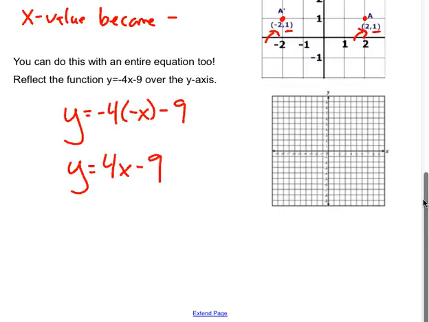And again, let's just really quickly see what that looks like graphically. So let's graph that. So we start down at -9 and then slope of -4. Down 4 over 1. Well, I can't really go down 4 over 1, so I'm instead going to go up 4, back 1. Oh, sorry. This graph is so tiny I got mixed up on my point. Up 4, back 1.